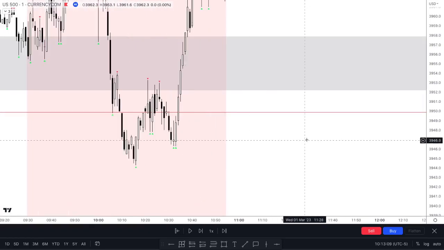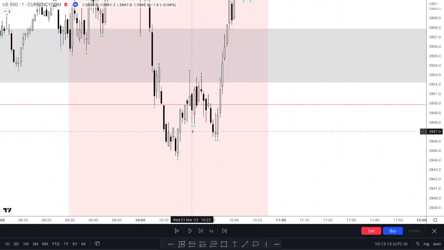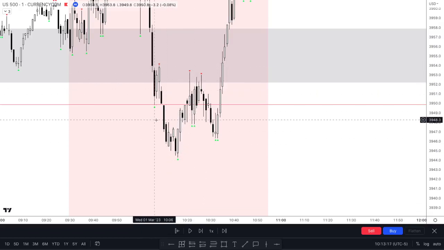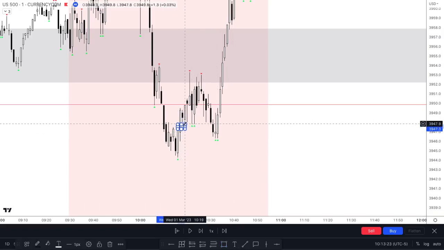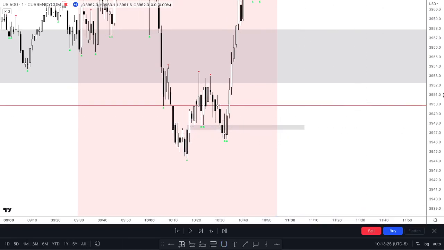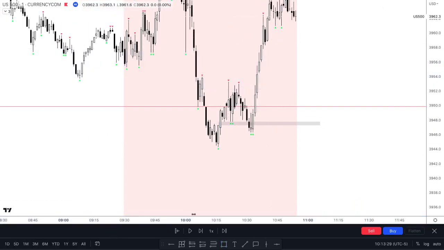Or you could just do the 2022 mentorship setup, which is a liquidity run: price runs out, takes out this swing high right here, and you look for the gap. You enter on the gap, and you're out. So that's kind of two setups I'll show you.